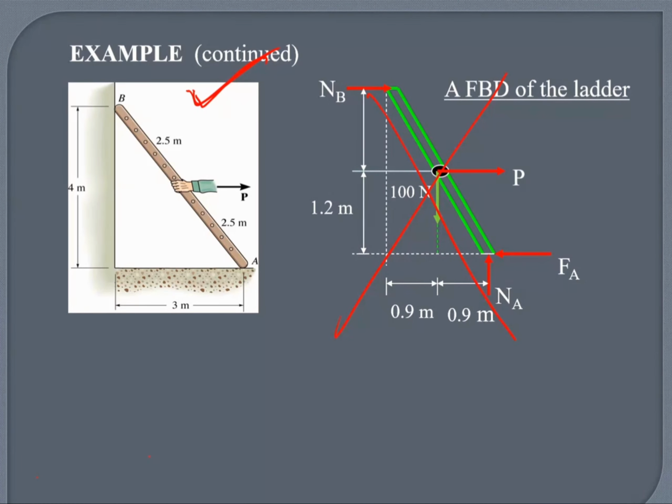At the moment of tipping, at the moment it is just about to tip, what would be the position here? What's happening at this end? At the moment of tip, this will be in contact with the floor all the time. Am I right? Yes, sir.